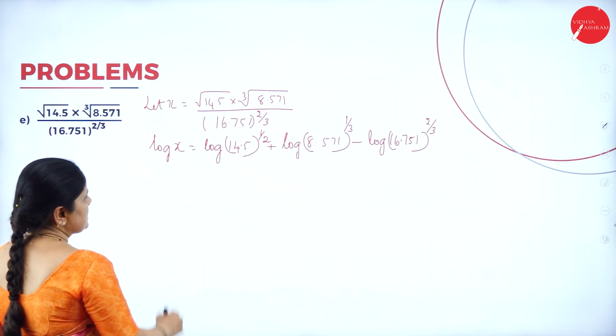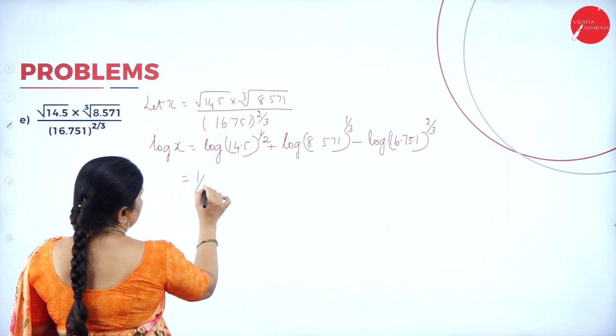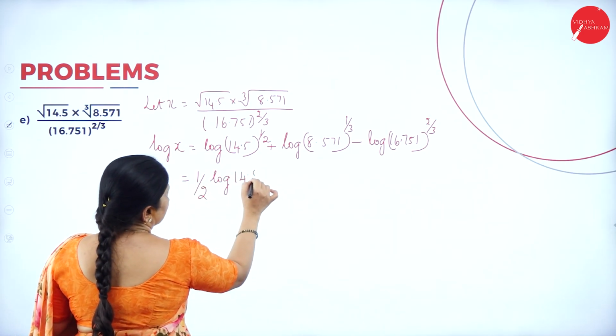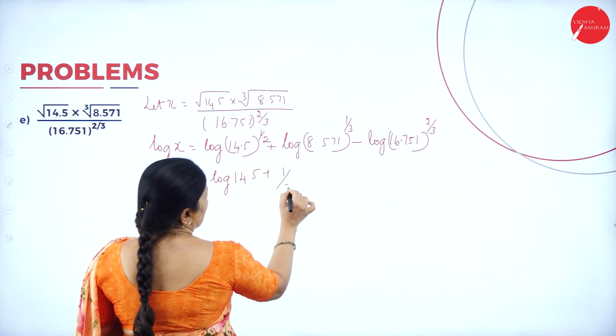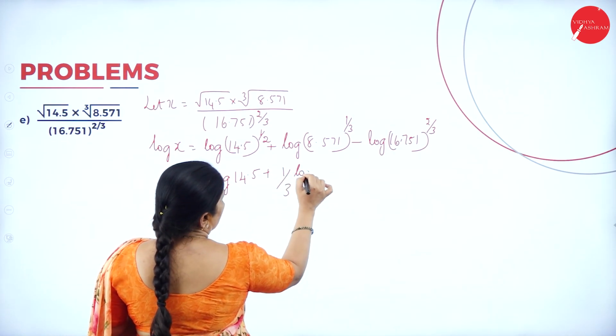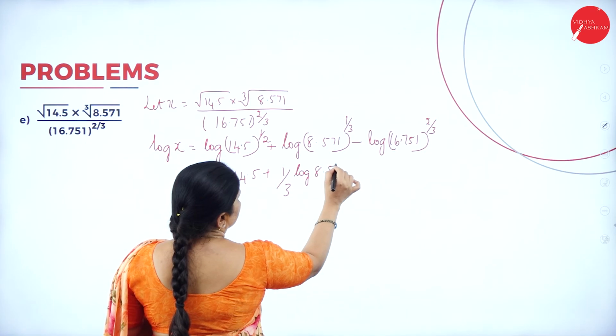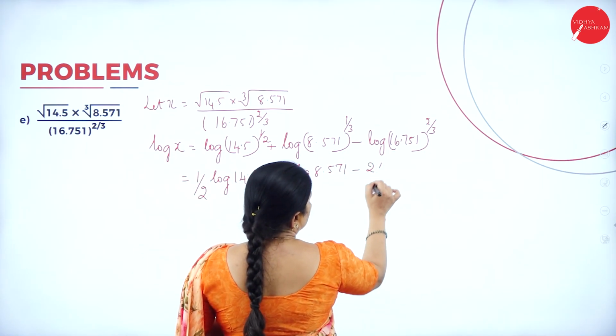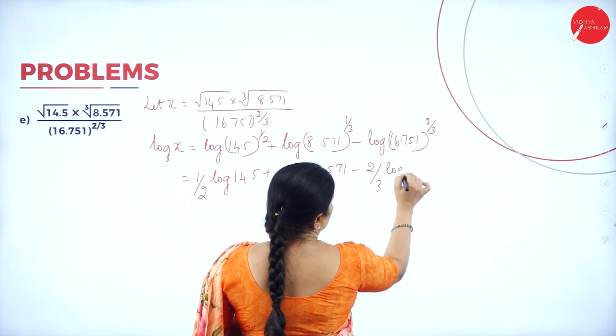Now when we simplify this, I will get half log 14.5 plus 1 by 3 log 8.571 minus 2 by 3 log 16.751.